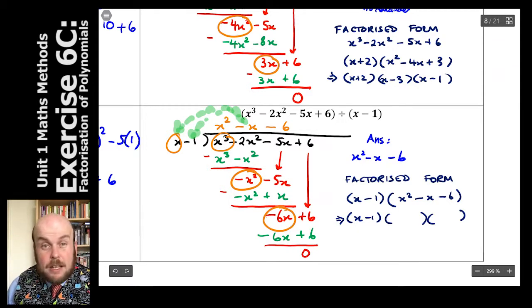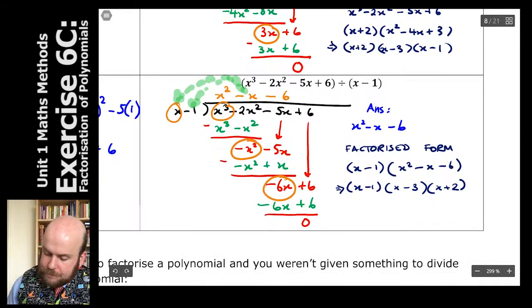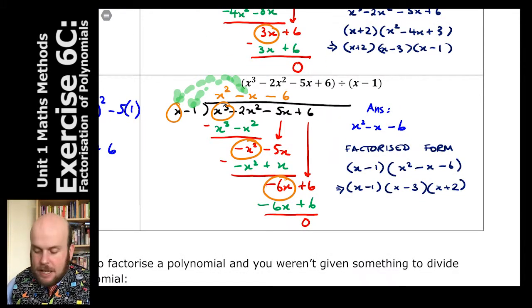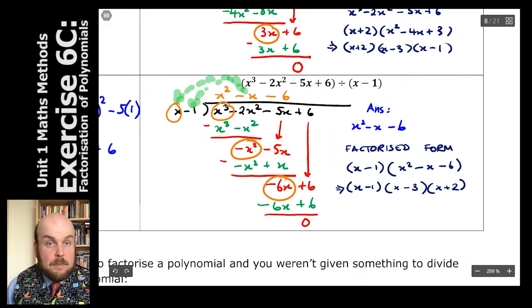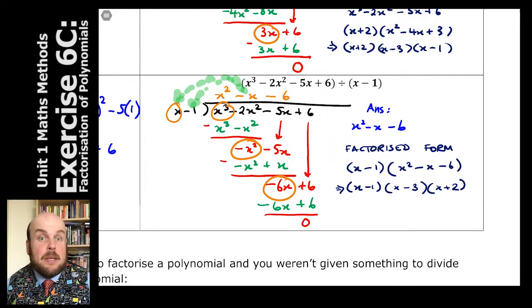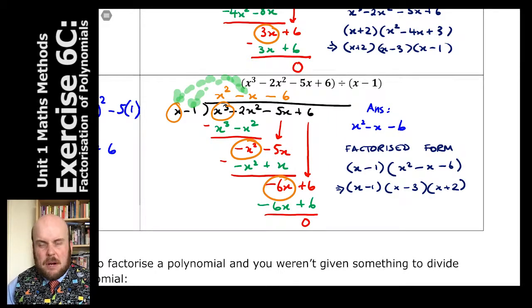So I need to think of two numbers that multiply together to get negative 6, add together to get negative 1. Well, it's going to be negative 3 and positive 2. There we go. We have factorized that as well. So we have factorized that polynomial into three brackets. Hooray. And this will be useful when we're graphing a cubic, so we can use those to find x-intercepts, but we'll worry about that a little bit later.